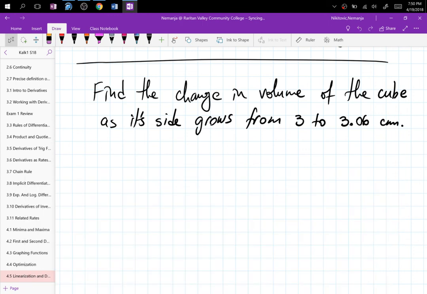So what do we do? Well, first off, I have the volume for the cube, a cubed. Let's call it x cubed. I see that x is equal to 3, and it grows to 3.06 centimeters.